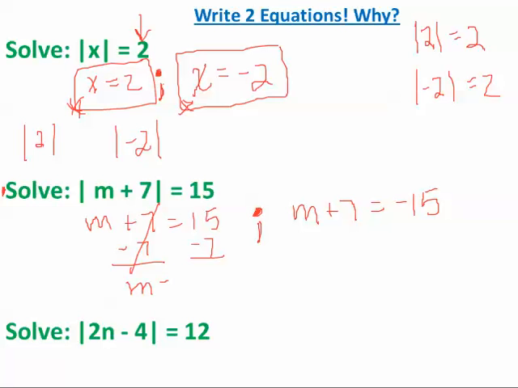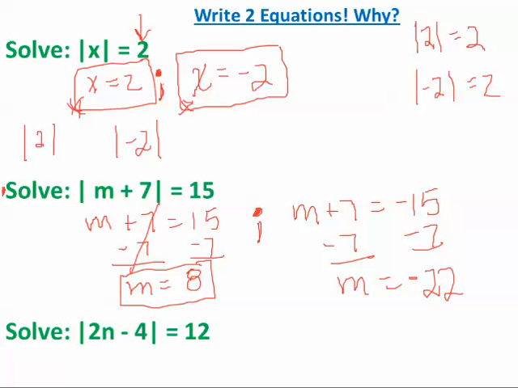Here, m is equal to 8. 15 minus 7 is 8. Or, it's possible that m would be equal to negative 22. These are the 2 answers that m could be if the absolute value of m plus 7 is equal to 15.